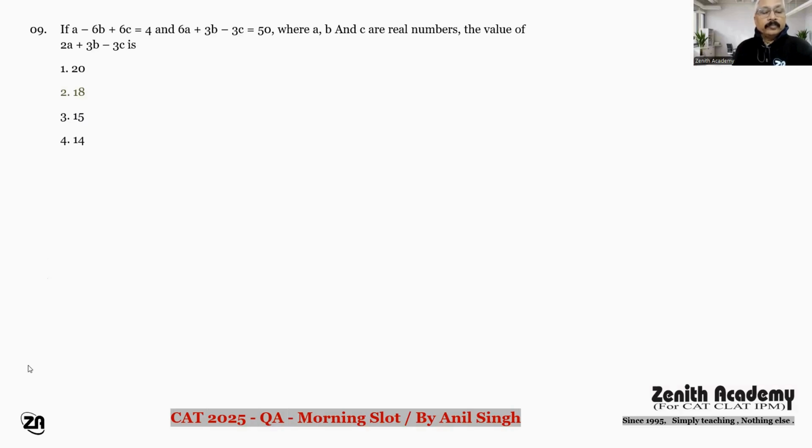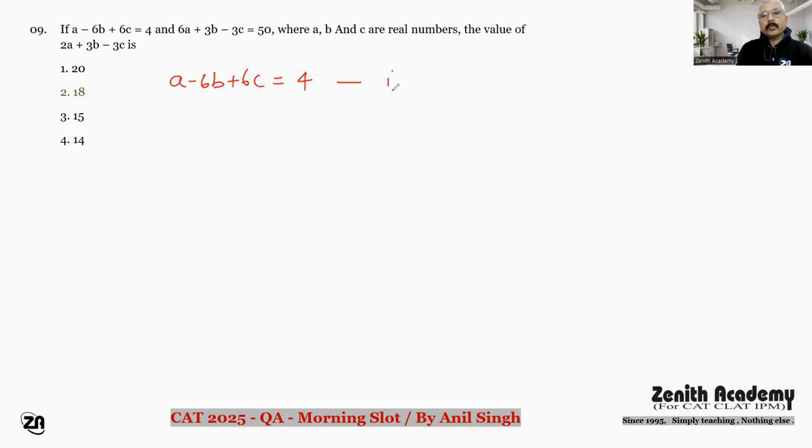Now the next question. If a minus 6b plus 6c is equal to 4 and 6a plus 3b minus 3c is equal to 50, where a, b and c are real numbers, the value of 2a plus 3b minus 3c is. So here equation number 1 is a minus 6b plus 6c is equal to 4.